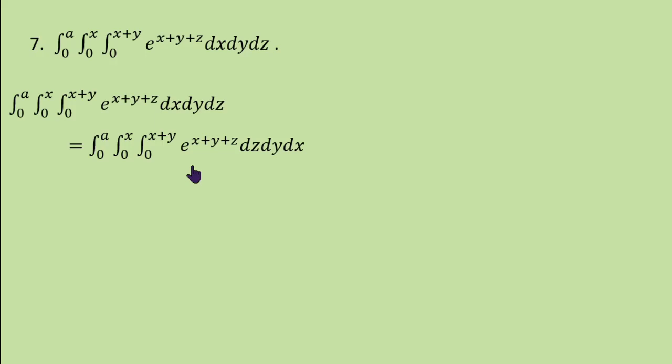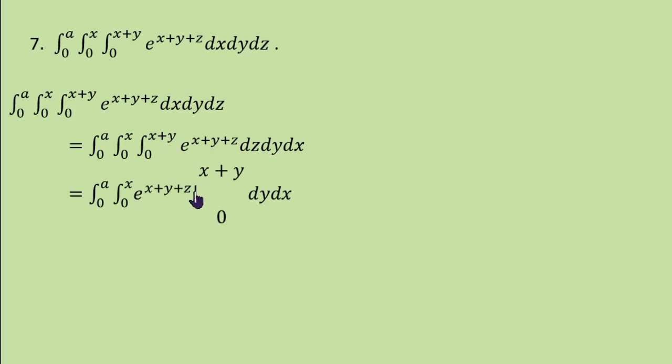Now, integration of e power ax plus by plus cz with respect to z is e power ax plus by plus cz divided by c. But here c is 1, and hence its integration with respect to z is e power x plus y plus z by 1, because coefficient of z is 1, and hence it is simply e power x plus y plus z, and limit of z is 0 to x plus y.